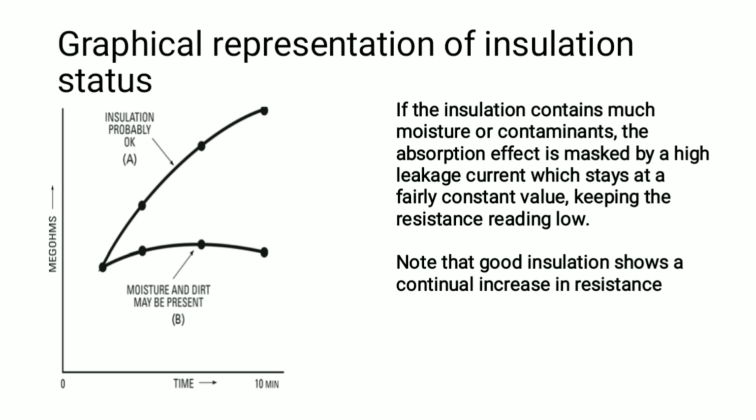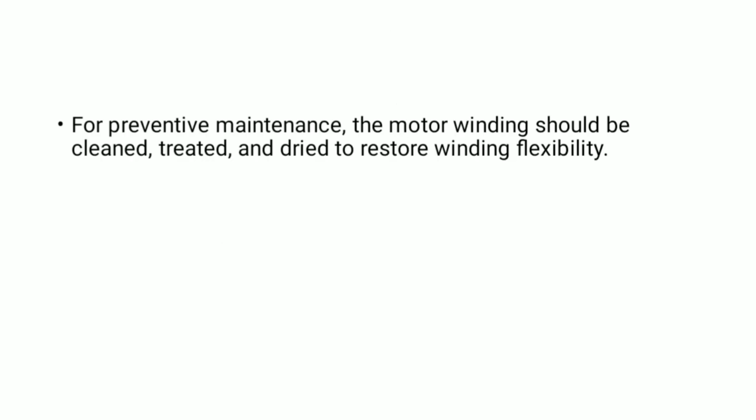Since resistance is equal to V upon I, the current decreases and resistance increases, so that graph is increasing in nature. If moisture and dirt are present on the insulation, the absorption current remains constant, and that's why R equal to V upon I remains constant, and the graph is almost constant in nature. So good insulation shows a continual increase in the resistance.